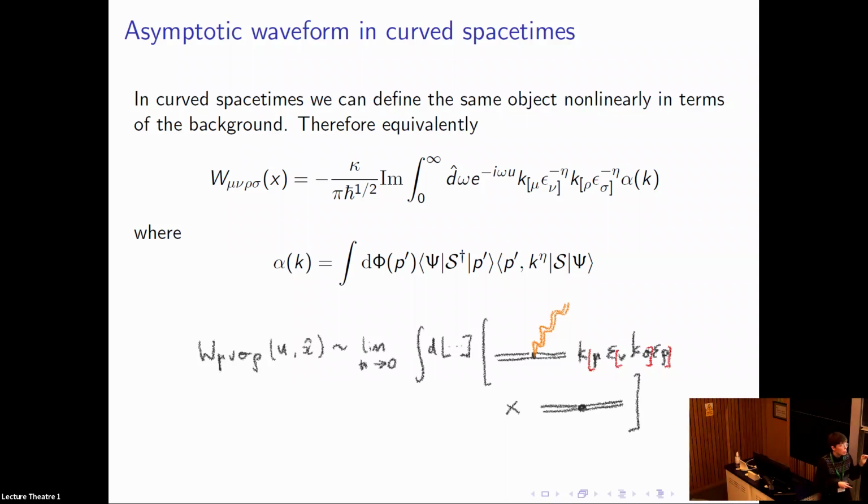So we're now treating the background as basically one of these particles. And all of these quantities are evaluated with the background dressed wave functions. And then we also have to send h bar to zero.